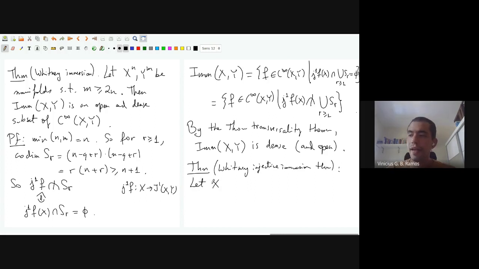Again, let X^n and Y^m be manifolds, but now I need to require that m is greater than or equal to 2n plus 1.